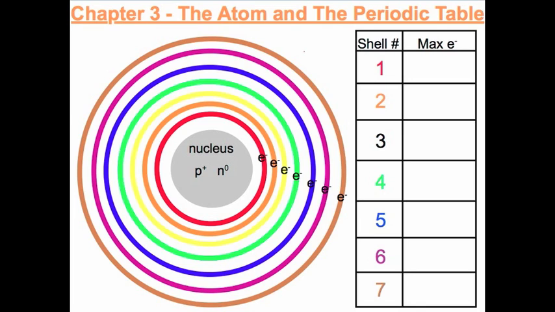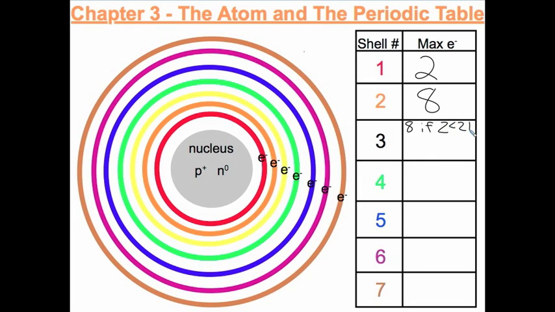Each shell holds a different number of electrons. The first shell can hold a maximum of 2 electrons. Once that shell is full, then the second shell is opened. The second shell can hold a maximum of 8 electrons. The third shell can hold 8 electrons if the atomic number is less than 21.